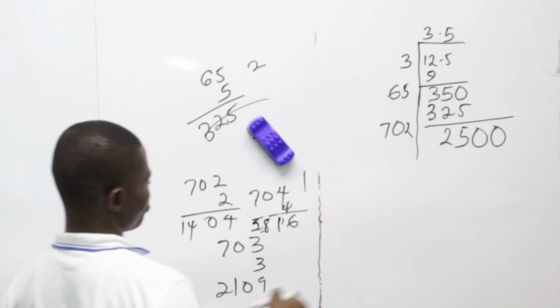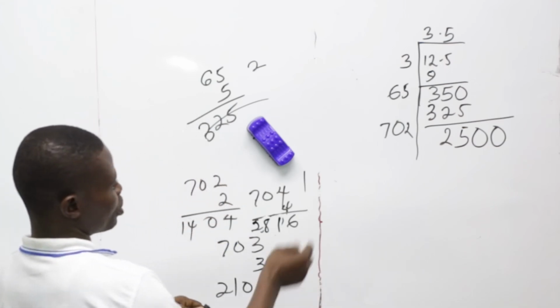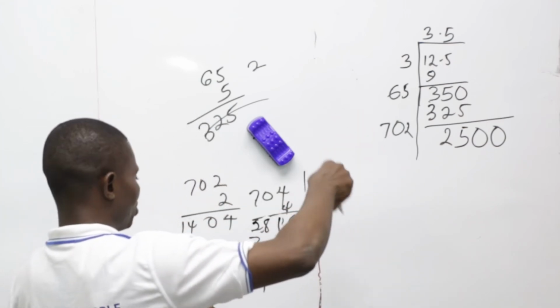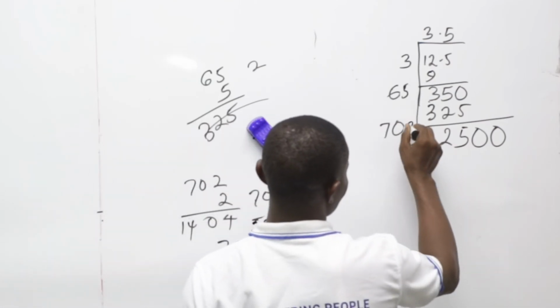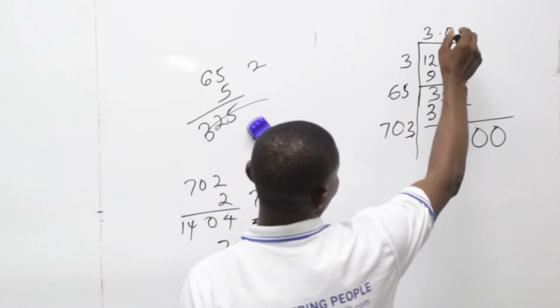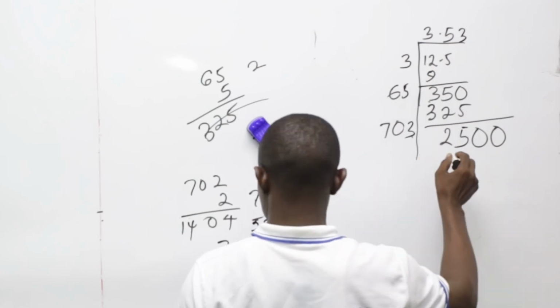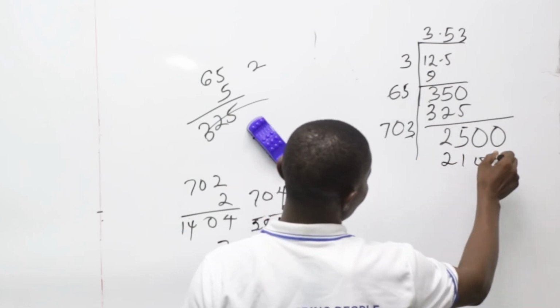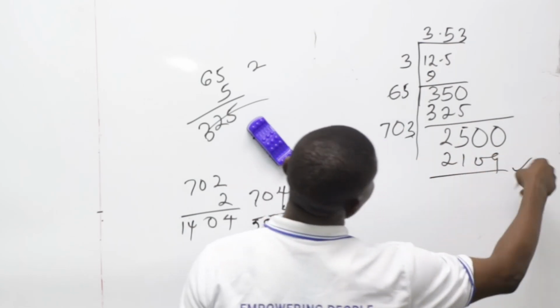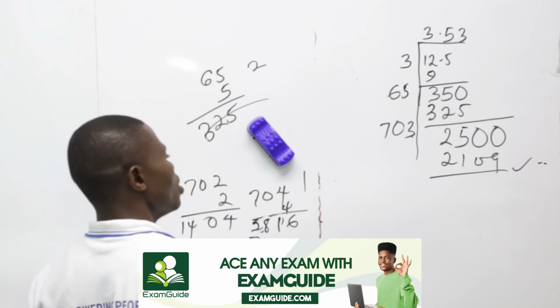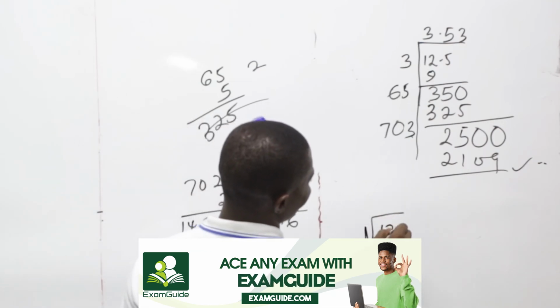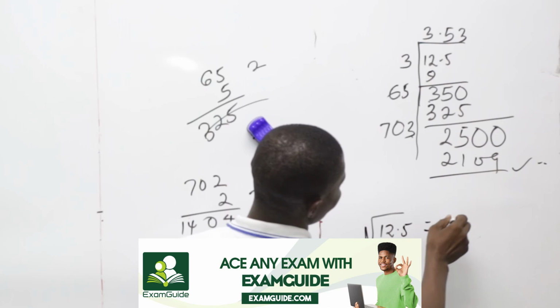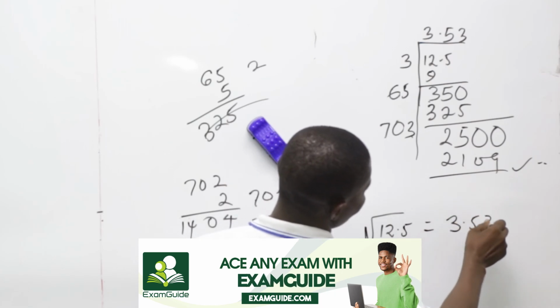Because 3 will produce a number that is close to 2,500, but not exactly 2,500. Therefore, we'll add 3 here. When you add 3, bring it up. You multiply, it will give you this 2109. You subtract, you keep on going. This will continue to go. Therefore, the square root of 12.5 equals 3.53.